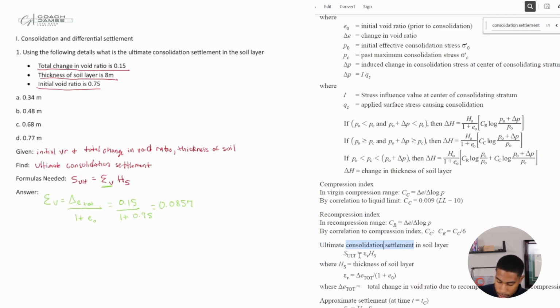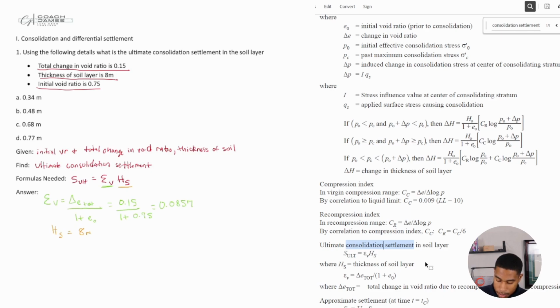All right. What is HS? HS is equal to just the thickness of the soil layer, which is equal to 8 meters. All right, so I have HS, I have EV. So now I can get my ultimate consolidation settlement.